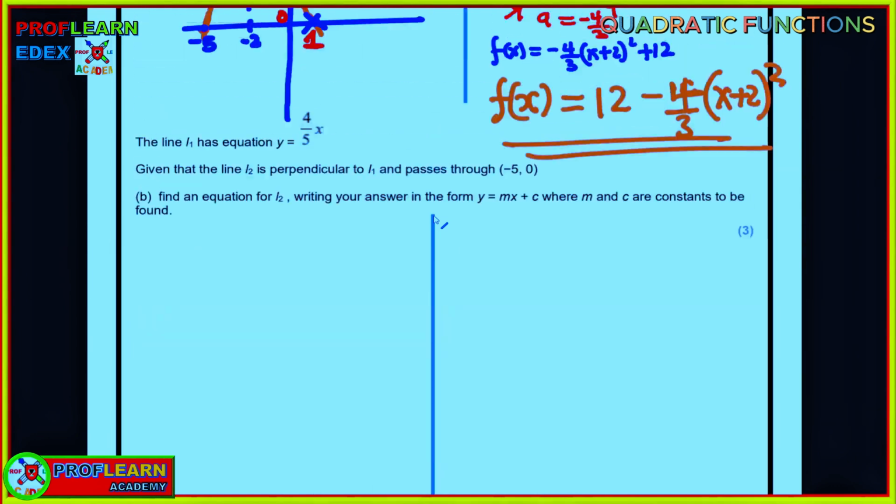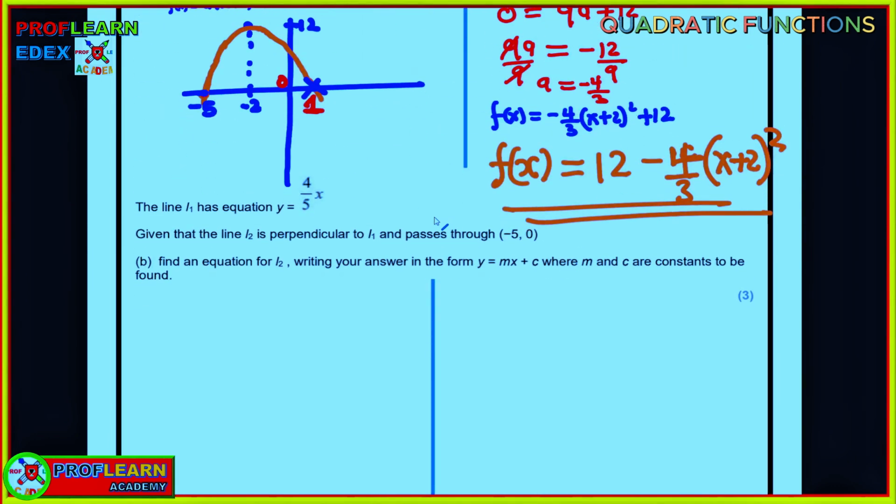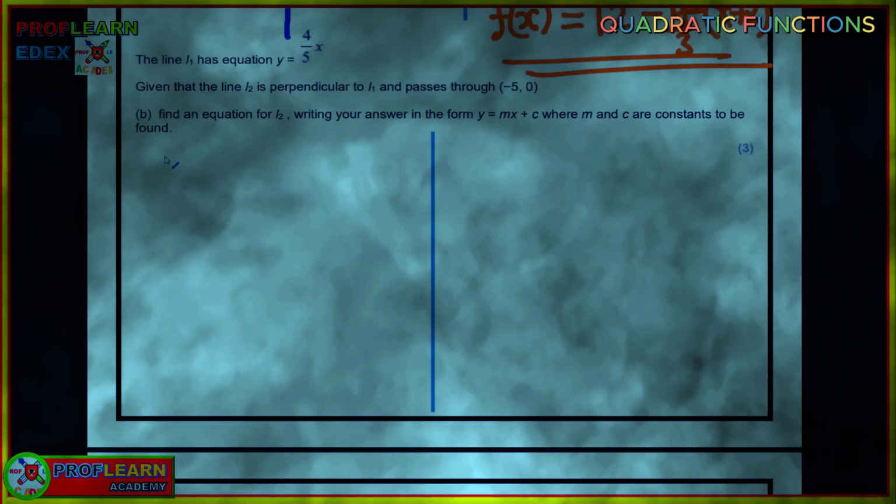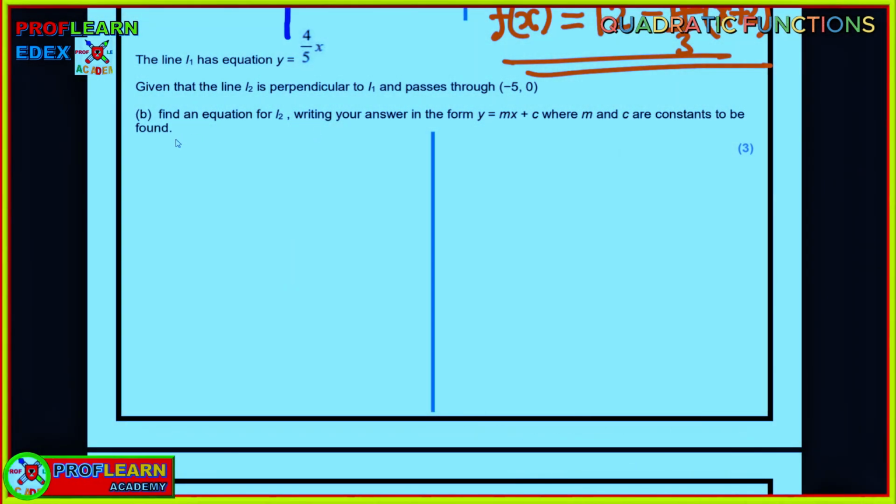So let's now turn to part B and see what is expected there. L1 has equation y equals 4/5 x, given that line L2 is perpendicular to L1.